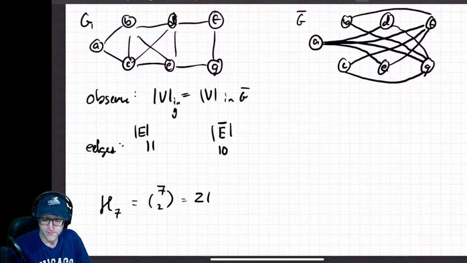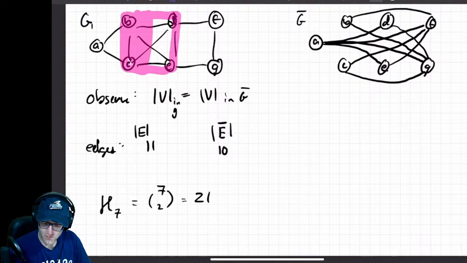How? Okay. Well, here's the preview of how it works. I'll highlight these things here. There we go. So here's my clique of size 4. Now, what is my vertex cover over here? It's everything that's not in the clique.